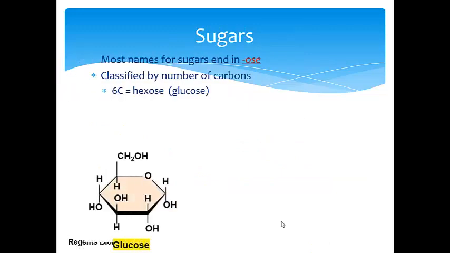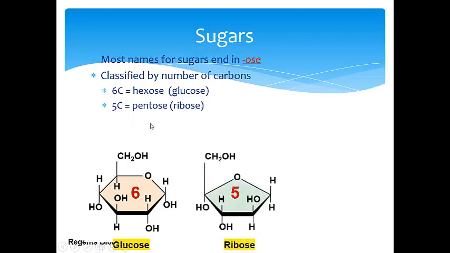All right, some simple facts about sugars. Most names for sugars end in ose. Glucose, ribose, dextrose, maltose. You've probably heard all those things before. If you look at a sugar in a structure, one giveaway that it's probably a sugar is it's a ring.